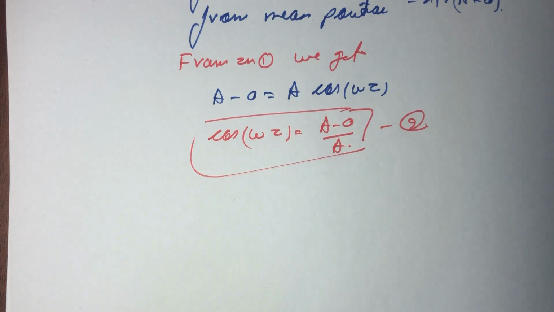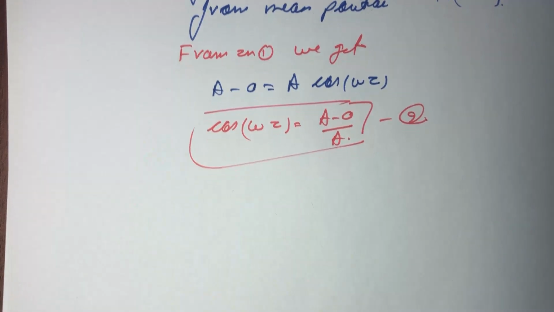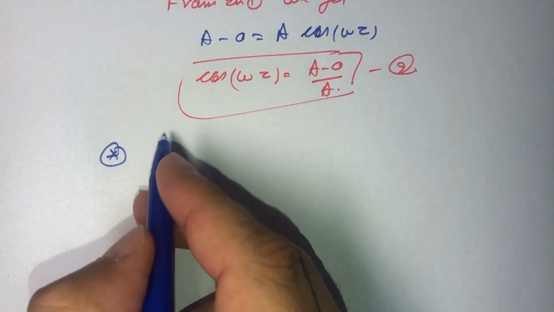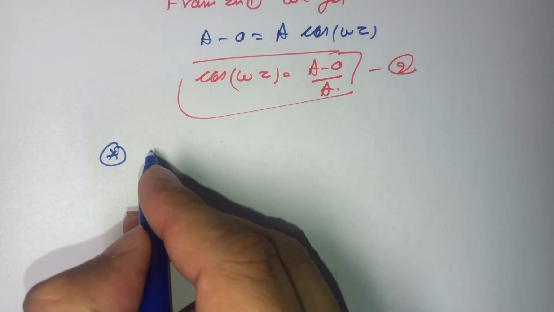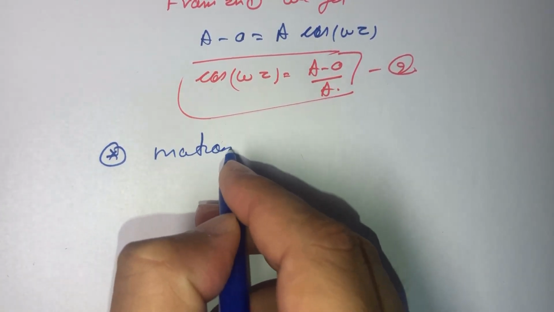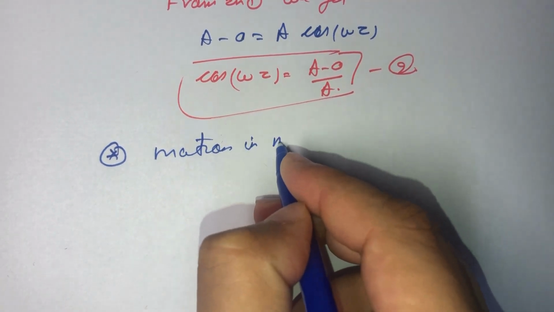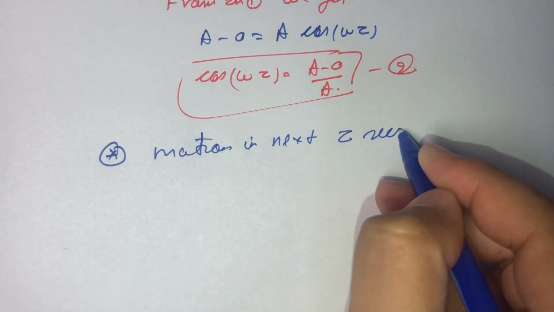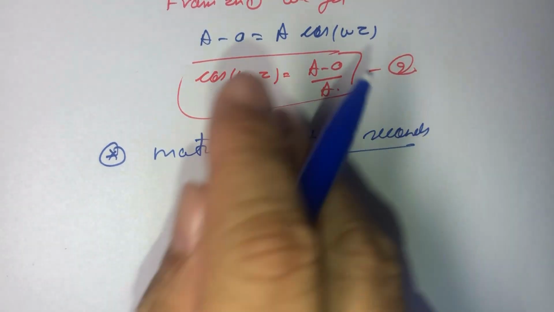Now it said that the distance traveled in the next tau seconds is 2a. Motion in next tau seconds.